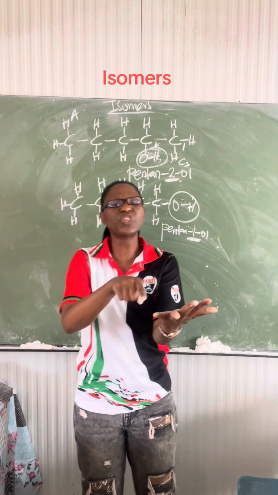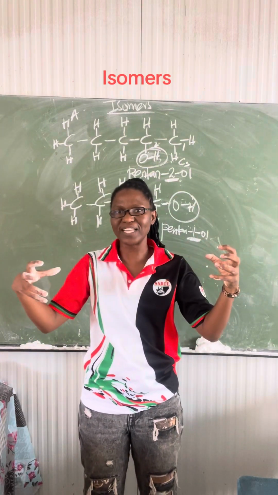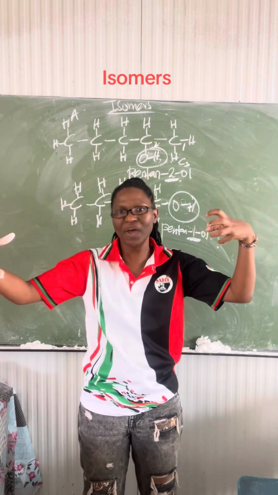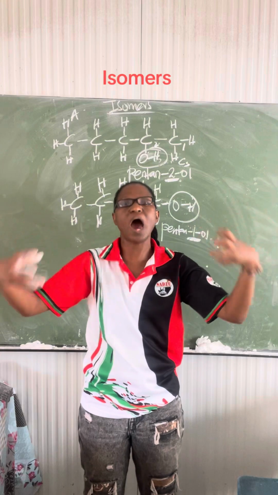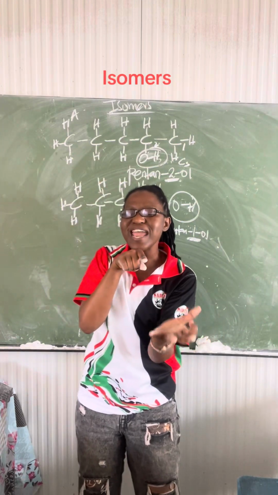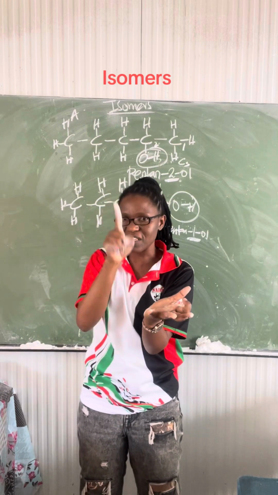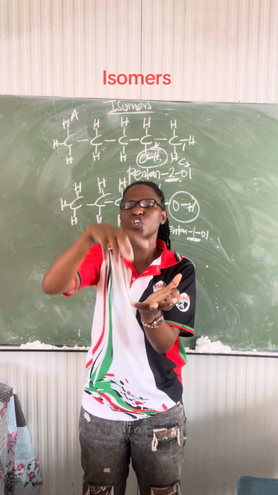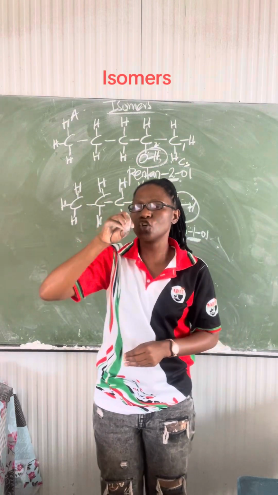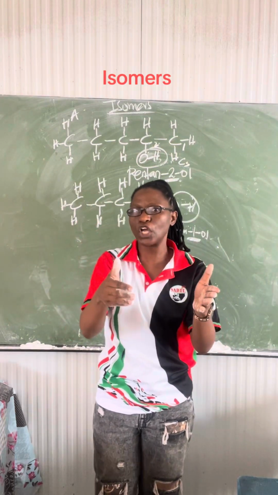With regards to ketones, the functional group must be found between 2 carbons. So when you change the position of this CO, which is the functional group of ketones, moving it to the first carbon, automatically you will be changing the ketone into an aldehyde.